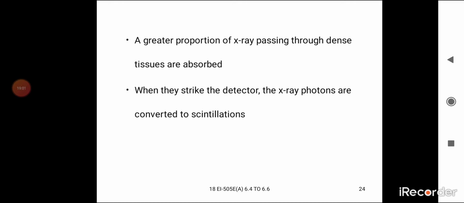A greater proportion of X-rays passing through dense tissues are absorbed. When they strike the detector, the X-ray photons are converted into scintillations.